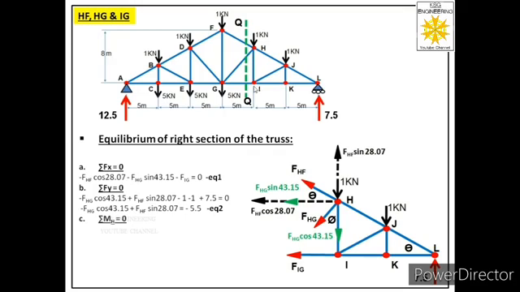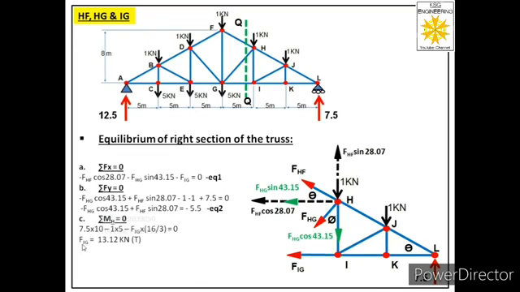So the equation will be 7.5 into 10 minus 1 into 5 minus FIG into 16 by 3 equal to 0. So from here we will get the value of FIG as 13.12 kilonewtons. We got a positive answer for this force. That means this is a tensile force.